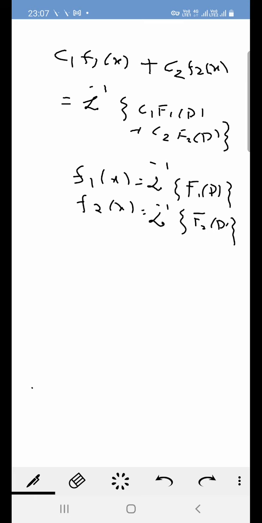Now let us take some problems. Suppose f(p) is equal to 2 by p to the power 4 plus 3 by p square plus 4.